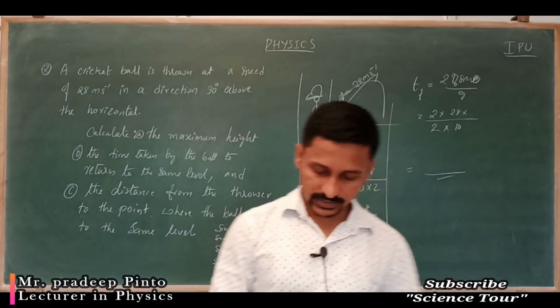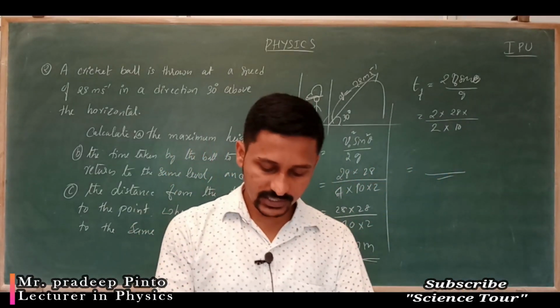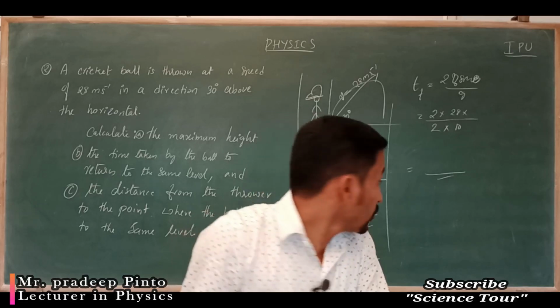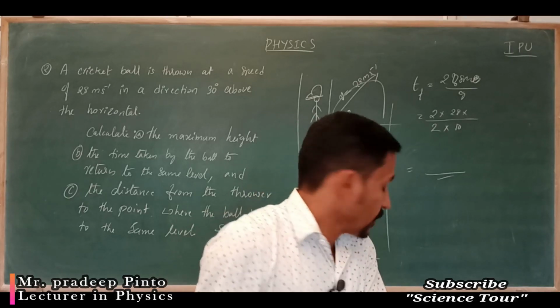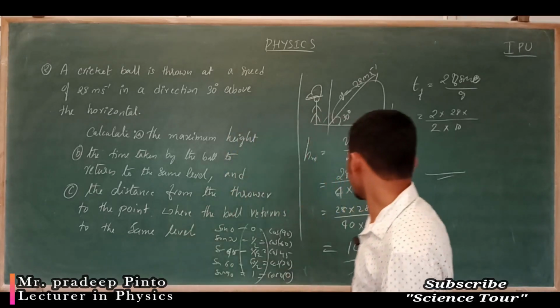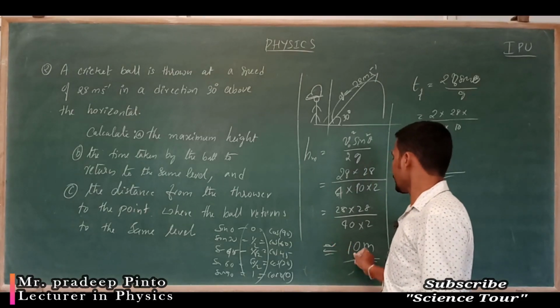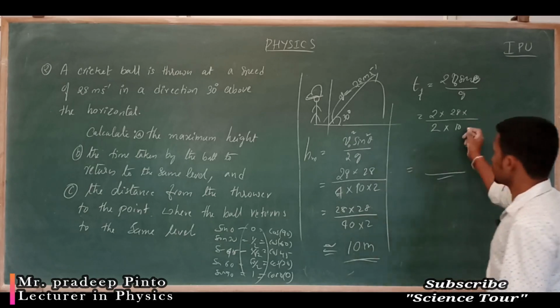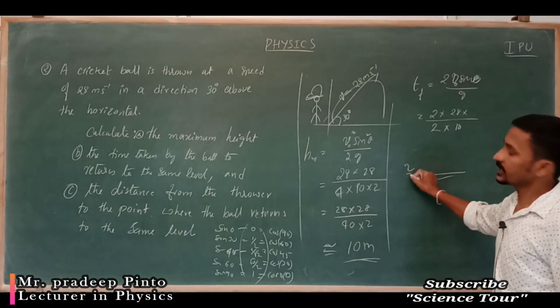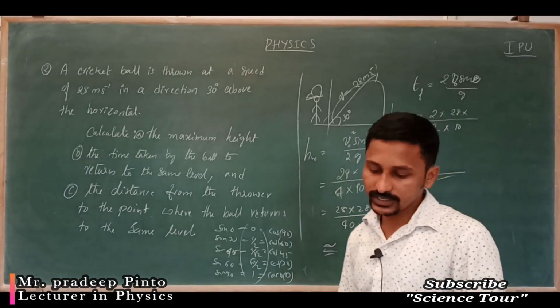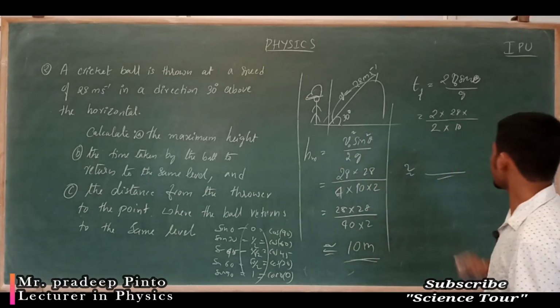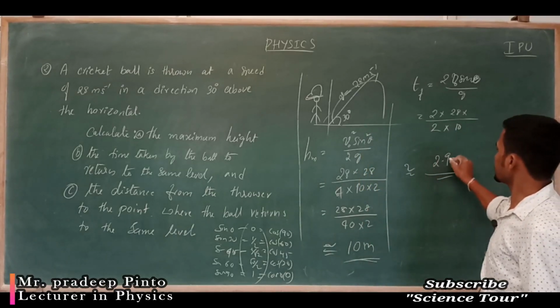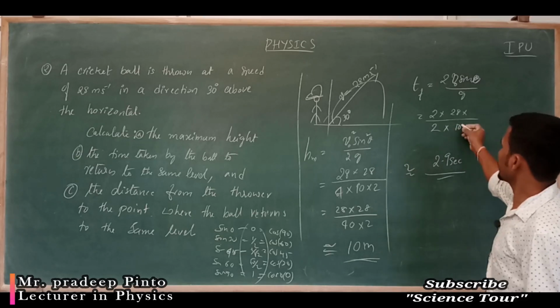That is TF is 2 times V naught sin theta by G. If I calculate it, you are going to get 2.9 second.